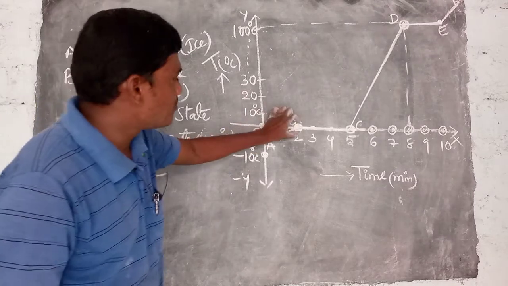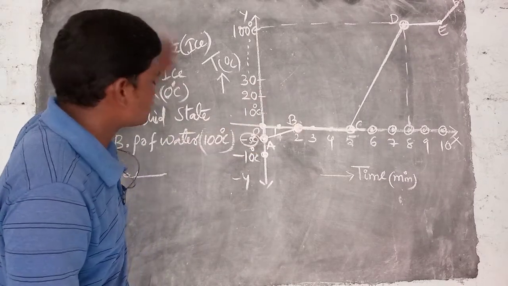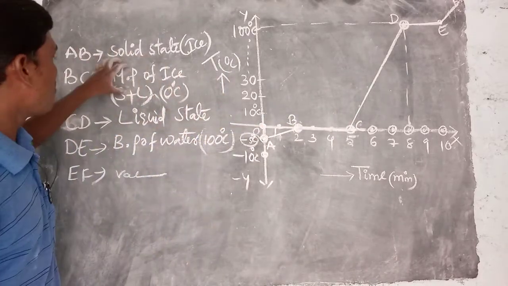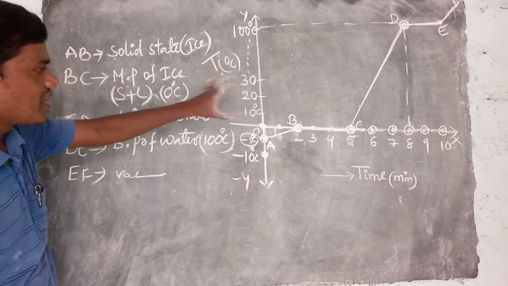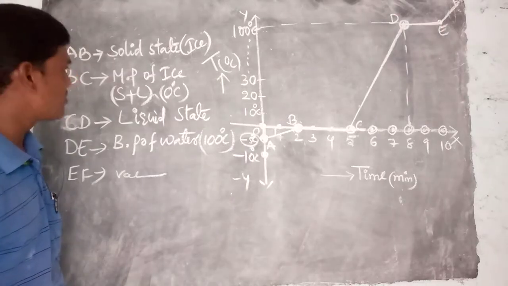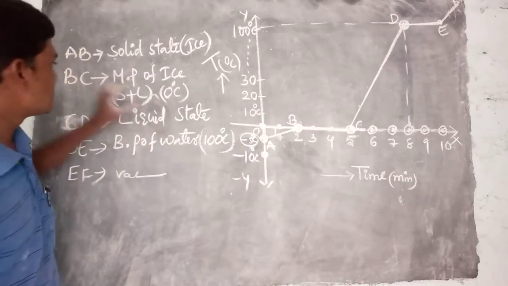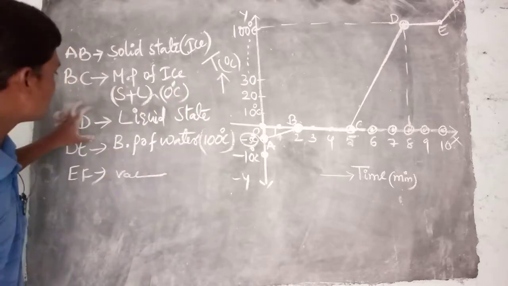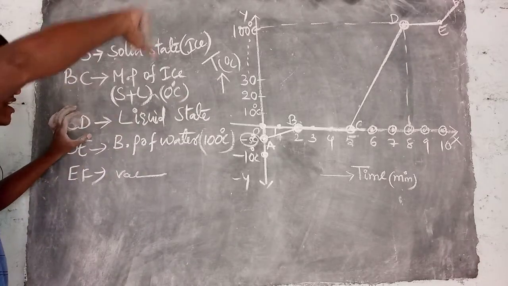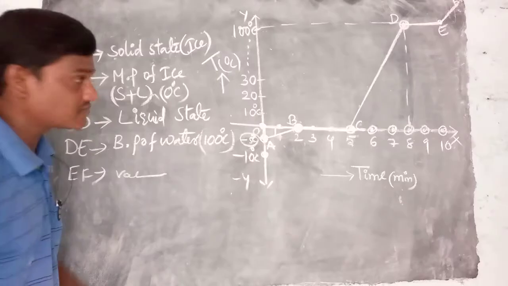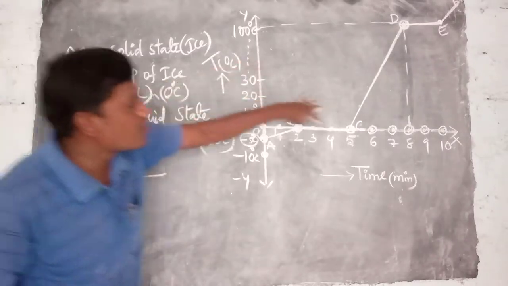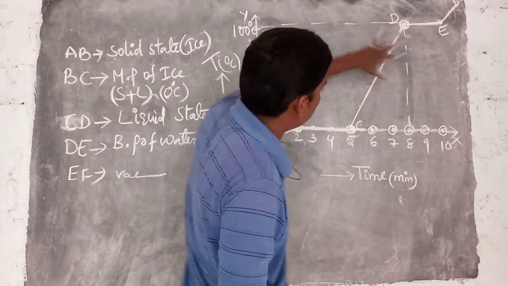So A to B represents the solid phase, only ice. B to C represents the melting point of ice. Here the temperature does not change, it remains constant. So in B to C, solid plus liquid, both phases are there. Next, C to D, the temperature gradually increases, and it is only the liquid phase.